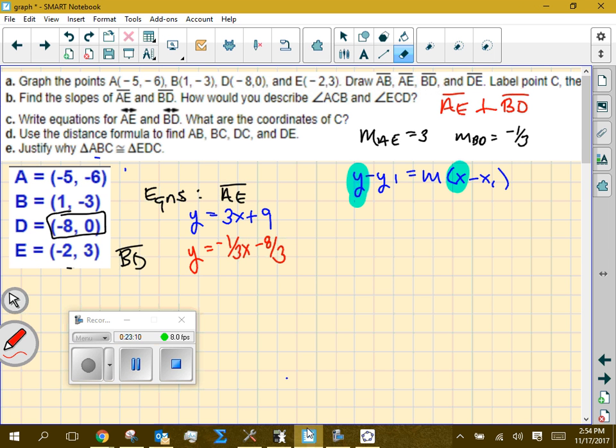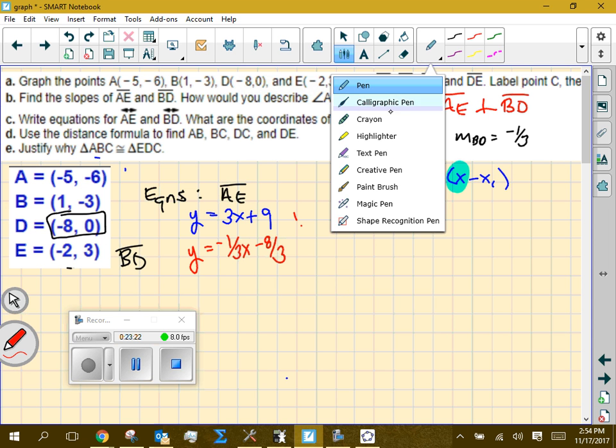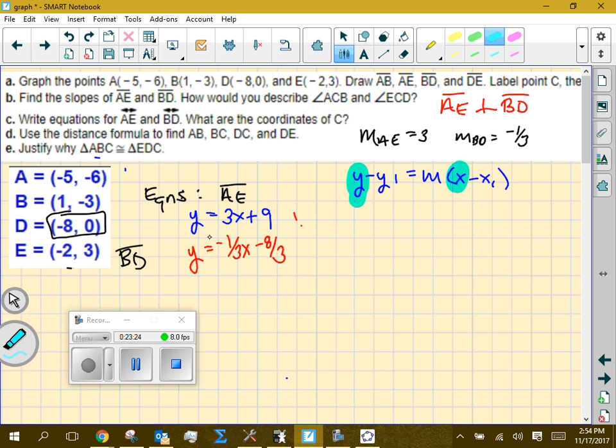We've done a lot of this already this year. We've got two equations, y equals 3x plus 9 and y equals -1/3 x minus 8/3. What do you know about those two y's? They're equal. So what does that tell you about these two things? They're equal.